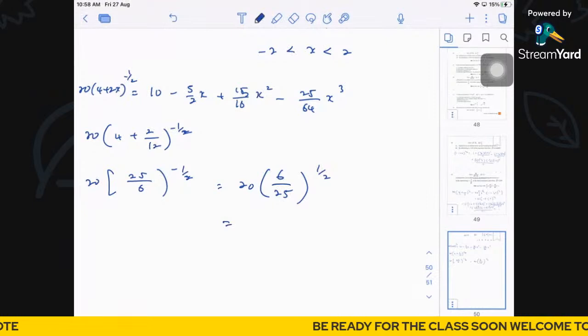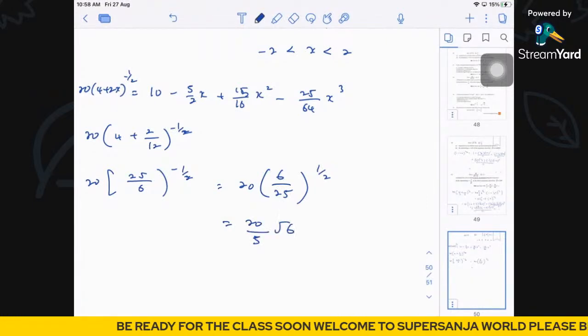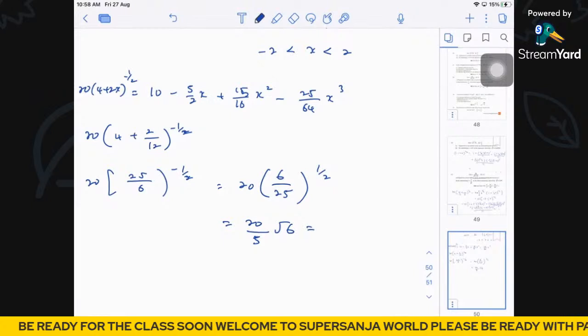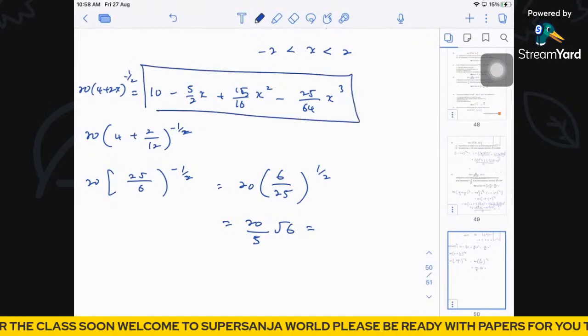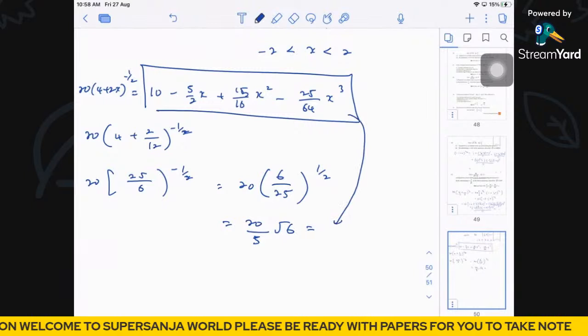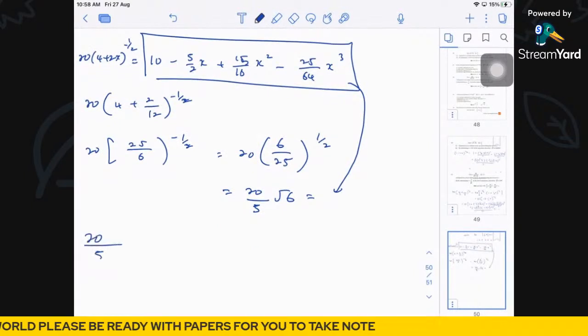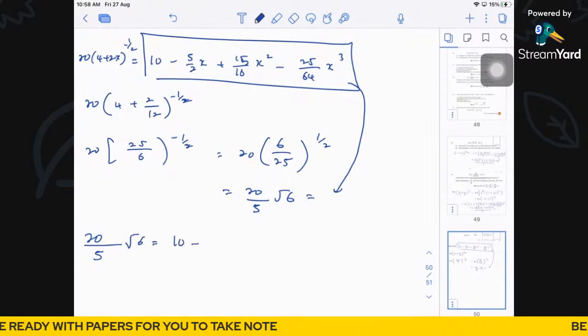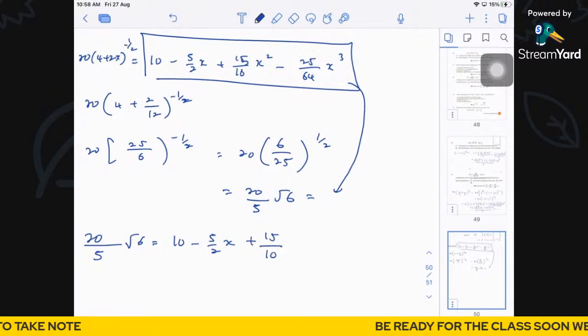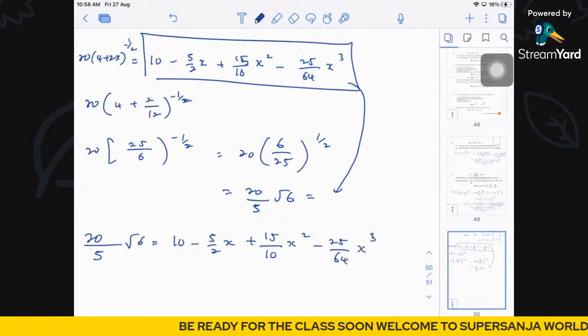So from there, you can tell me this is 20 over 5 square root 6. That is equivalent to this expansion over here. You can put this expansion over here, right? So you can write 20 over 5 square root 6 equals 10 minus 5 over 2x plus 15 over 16x squared minus 25 over 64 x cubed plus dot dot dot.